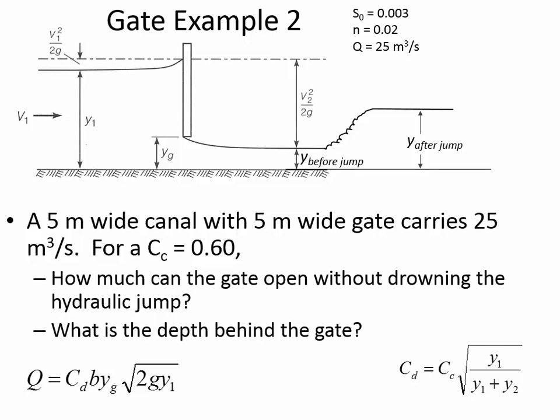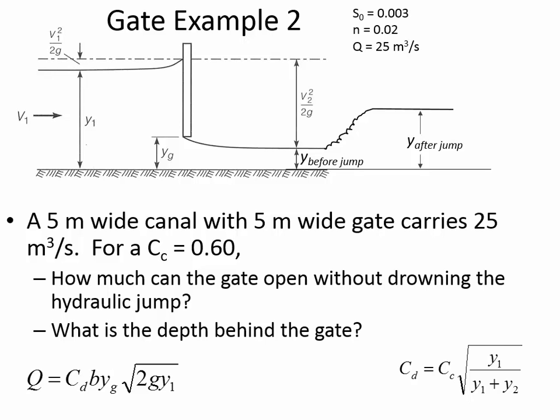I'm going to have Q is equal to C sub C, the square root of y1 divided by y1 plus y2, B times W, square root of 2g y1. Okay, now plugging in the known values here, we know the flow rate is 25 cubic meters per second.